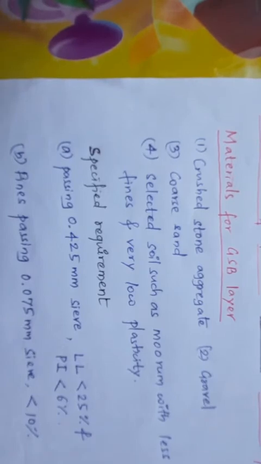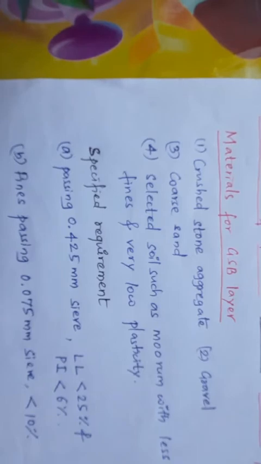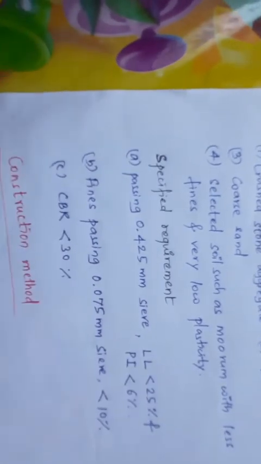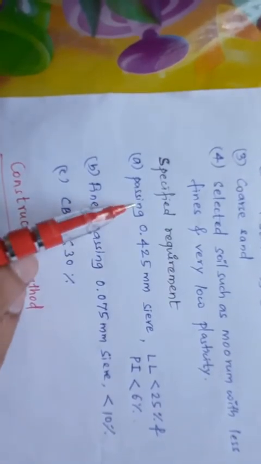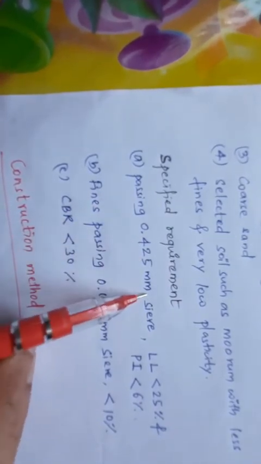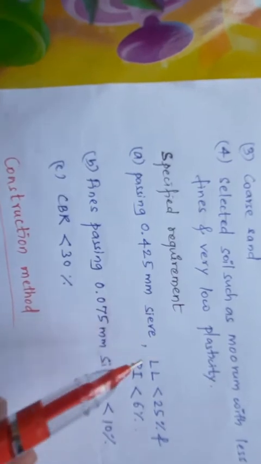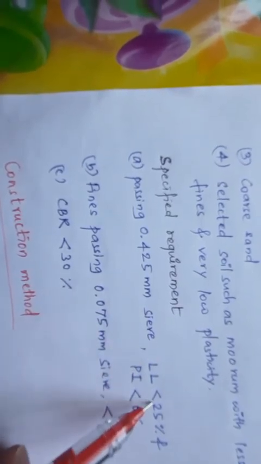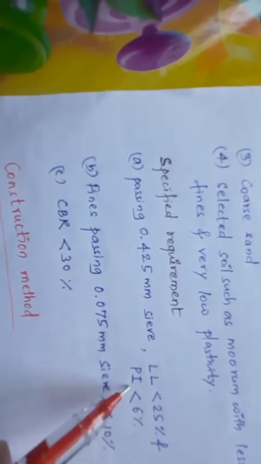Here the different grades of GSB materials are suggested in the specification, that is the specified requirement of material used in the GSB layer, as we see here. The fraction passing 0.425 mm sieve shall have a liquid limit less than 25% and a plasticity index less than 6%.